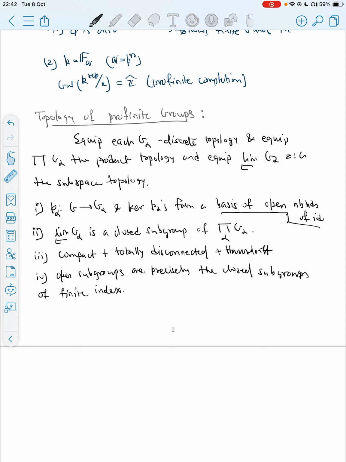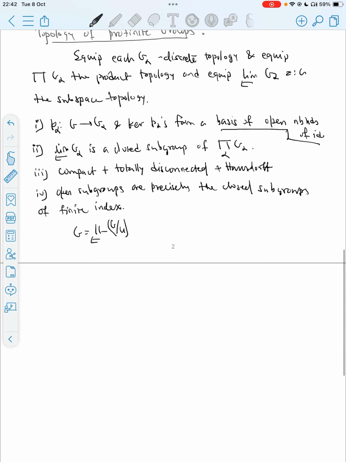So in that case, they take G as the inverse limit. Let me write here in short. They write it like this, where these U are a basis of normal open neighborhoods of identity, because the index should be finite, so each G mod U is a finite group. So in some books they define it like that. It's a matter of choice.